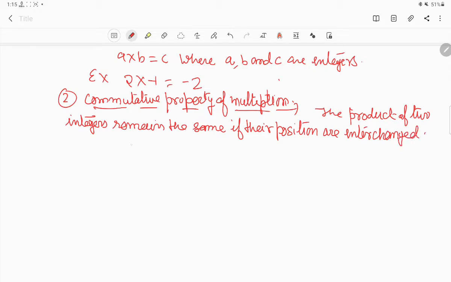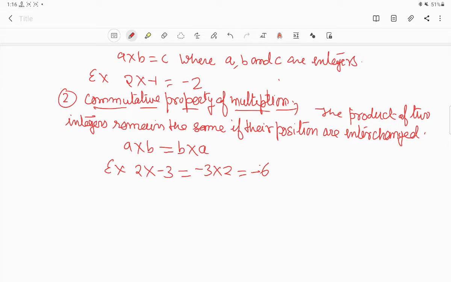It means in general we can say A into B is equal to B into A. First multiply A and B is equal to when you multiply B into A. For example, 2 into minus 3 is the same as minus 3 into 2, which is equal to minus 6. This property is called the commutative property of multiplication for the integers.